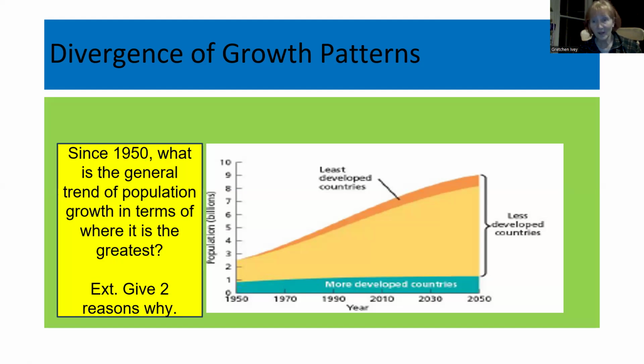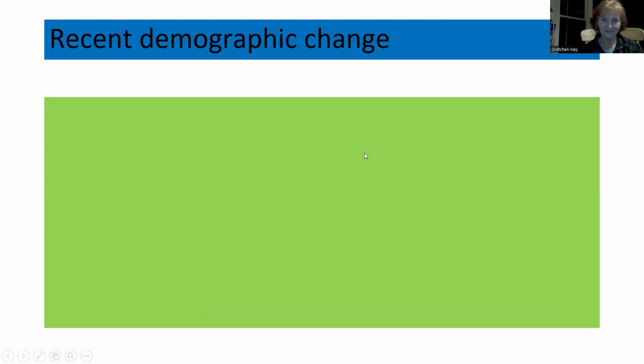If you want, you may pause the recording, try to answer the question, go back through the presentation, or if you have been an amazing student and already brought the text, go back through the text, talk about where the population is basically growing fastest, and give us 2 reasons why. Okay, we're going to carry on.